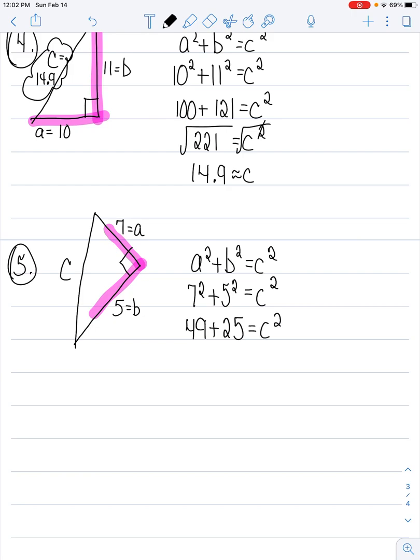Now, it says to add, so I'm going to add 49 plus 25 is 74, equals C squared. Well, I've not answered what I need yet. I need C, not C squared, so my last step is to take that square root. So C equals, oops, and I'm typing in my calculator, square root of 74 is about 8.6. So my missing side length is about 8.6 units long.